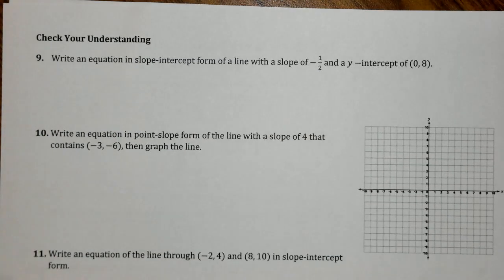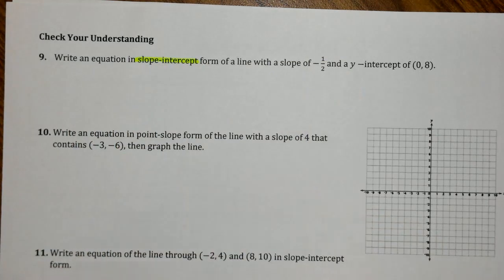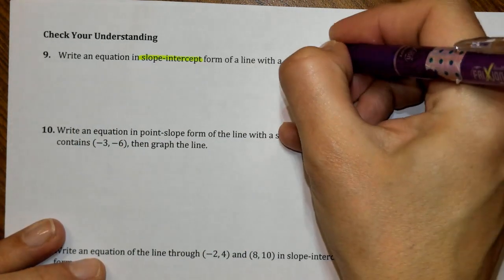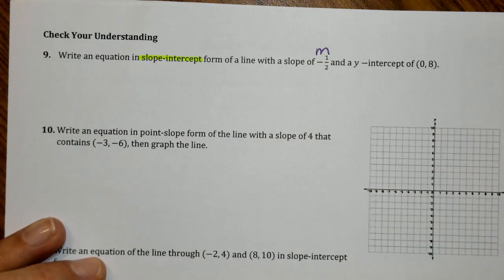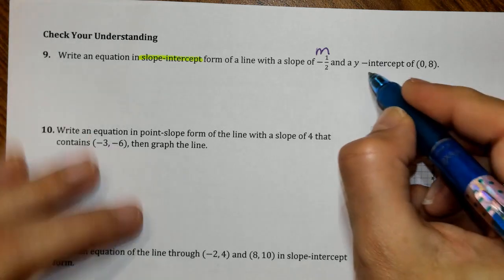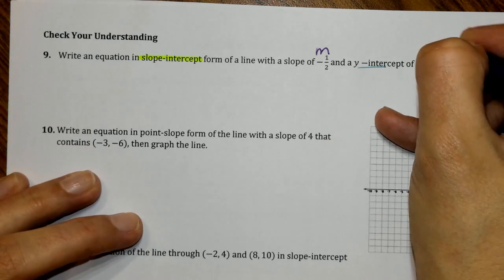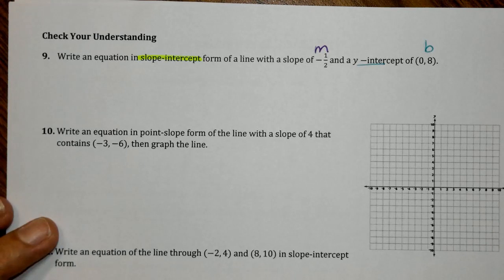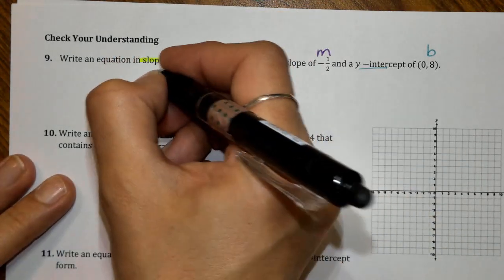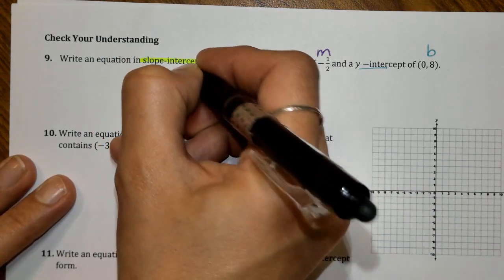Let's go ahead and do a few more of these. We're going to write an equation in slope-intercept form. We're going to have a slope of -1/2, and it's going to have a y-intercept, that is our b, of 0.8. Slope-intercept is your y equals mx plus b.